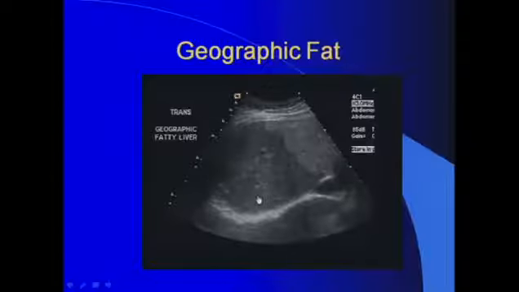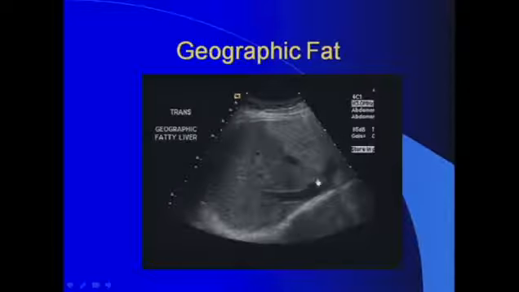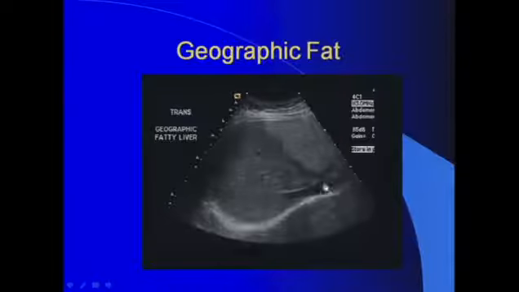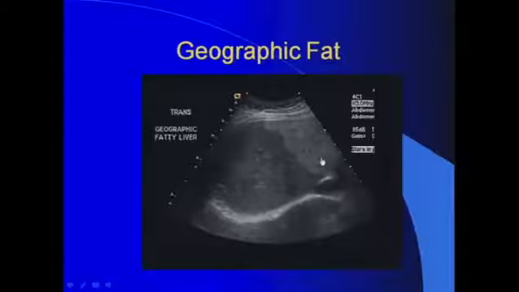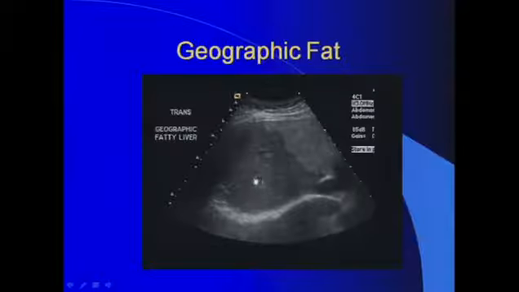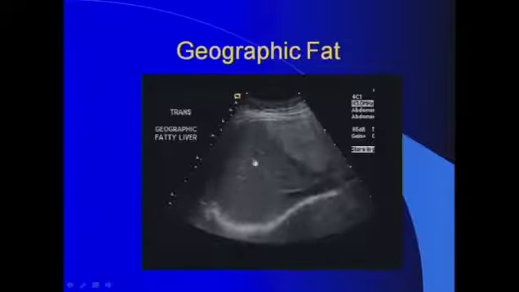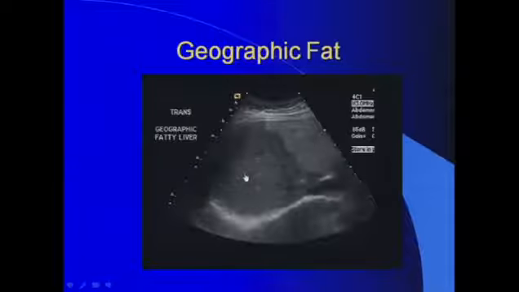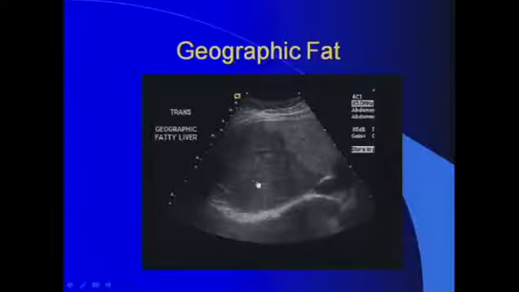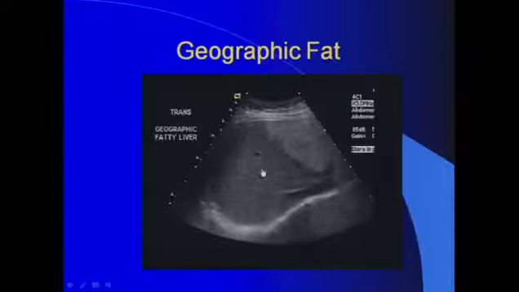But the clue again is, what do you see on these images? You can see that the hepatic vein is coursing nicely through this part of the liver. No evidence of splaying, displacement, or mass effect or invasion. And you can see how nicely the periportal fat and the triads of the biliary and arteries and the bile ducts are depicted on this image on this part of the normal liver.